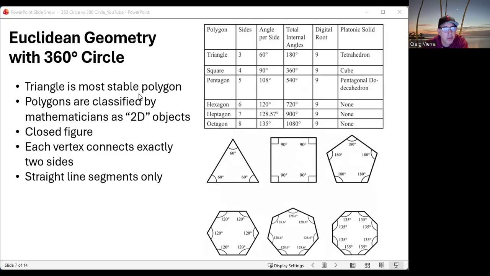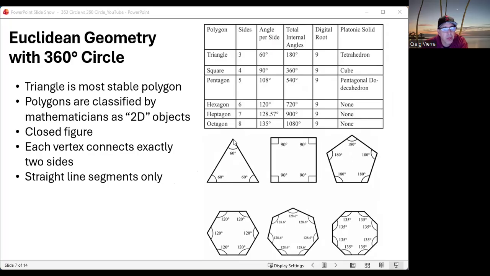We know the triangle is the most stable polygon. Mathematicians classify polygons as 2D objects. They're planes, and they declare these planes don't have thickness, so they're 2D objects. They're closed figures or structures, and each vertex has exactly 2 sides.